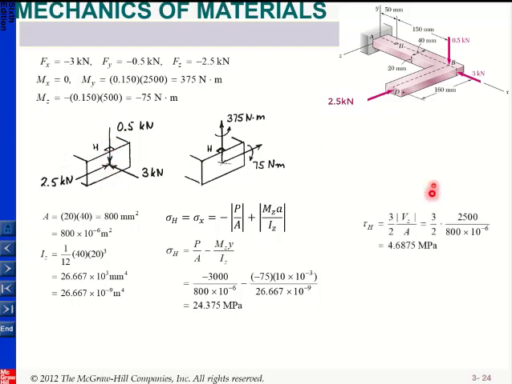So this is only for rectangular cross sections. It is 3 over 2 Vz over A, so I don't need to use VQ over It. If you want, you can do it, but you will get the same answer. And if you do that, you will find that the shear is 4.6875 megapascal.